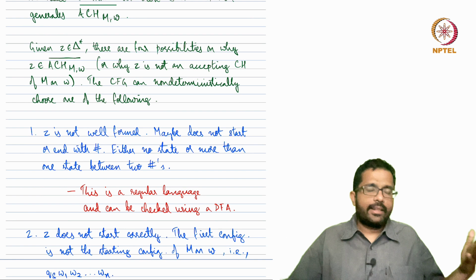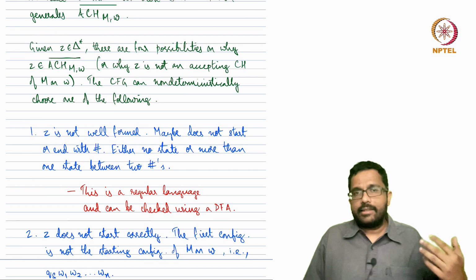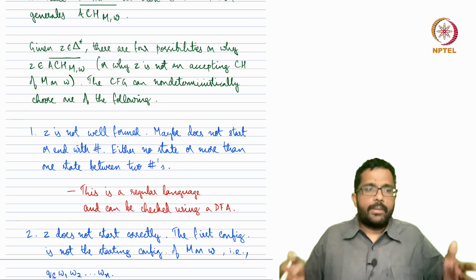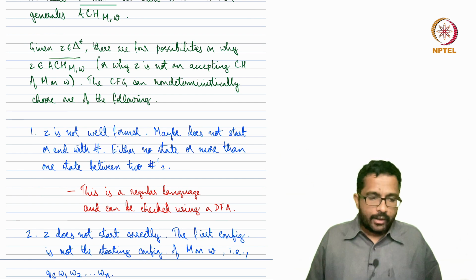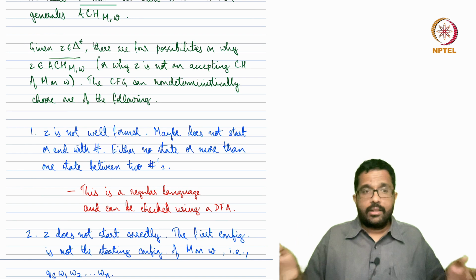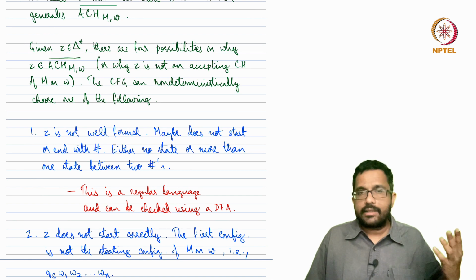The string is not a well-formed computation history. It cannot be read or interpreted as one. In that case, it is not an accepting computation history. Maybe it does not have a hash symbol, or does not end with a hash symbol, or between two hash symbols there is no state, so it is not a valid configuration, or maybe there are two states. All of this is an example of not being well formed.